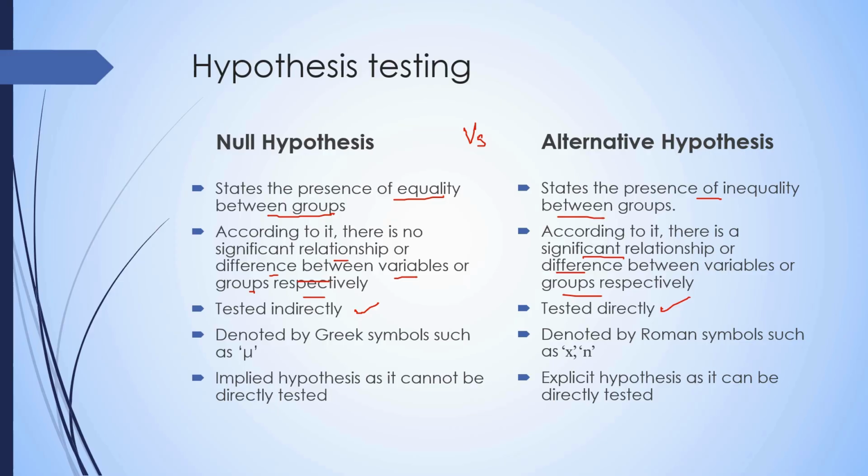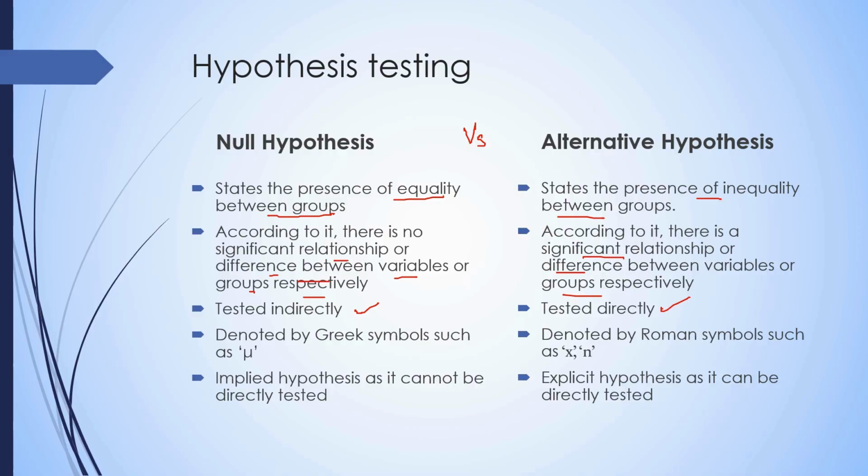Null hypothesis you cannot test directly, you have to reject it. You reject the null hypothesis while you test the alternative hypothesis directly, and if it is accepted, null hypothesis is automatically rejected. Okay, so whenever you're doing the hypothesis testing, you are testing the alternative hypothesis, and if that is accepted, null hypothesis is automatically rejected, and if alternative hypothesis is rejected, then your null hypothesis is automatically accepted.